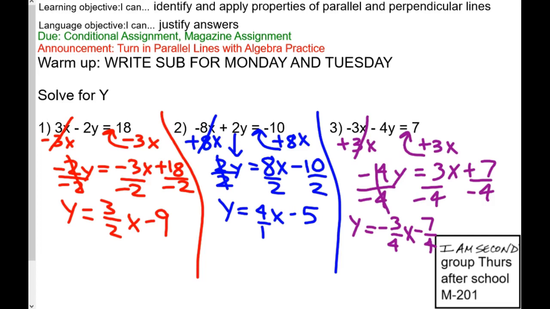So, what I want to do is make sure that we've actually finished the notes from yesterday. So can everyone get out your notes from yesterday? I'm going to give you the assignment, but I want to make sure you have the notes done.